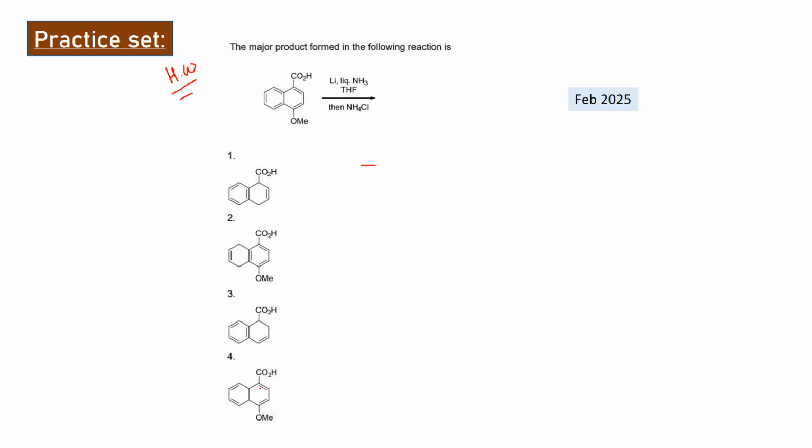Let's go to the next question. This was one of the homework questions I gave in the last class. What will be the product of this one? If you add lithium in liquid ammonia, and an acid is given, what will it form?